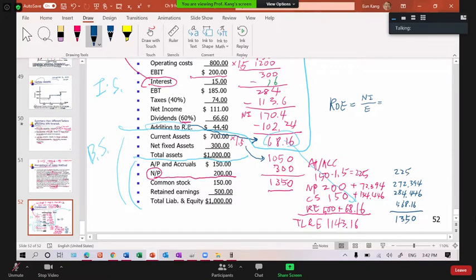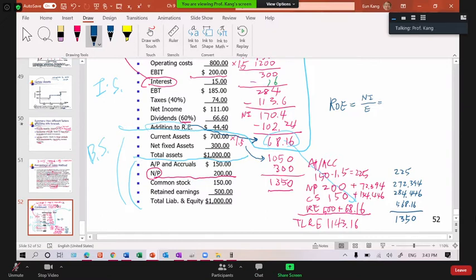170.4. Okay, divided by... Good start. Try to finish. 1350.